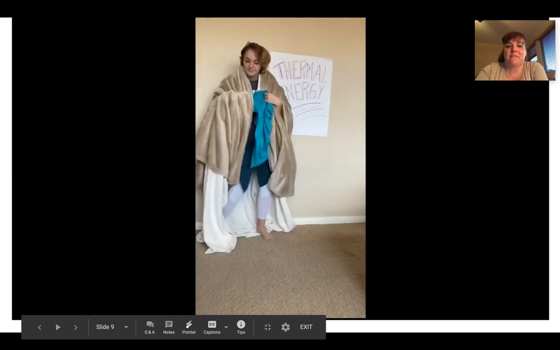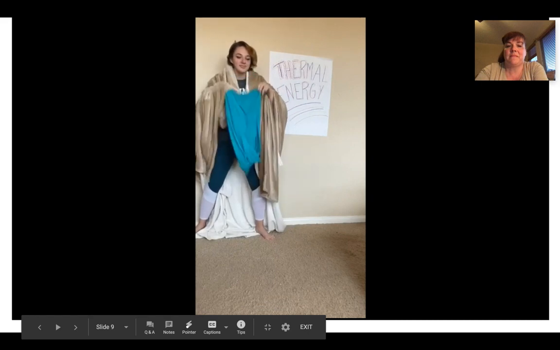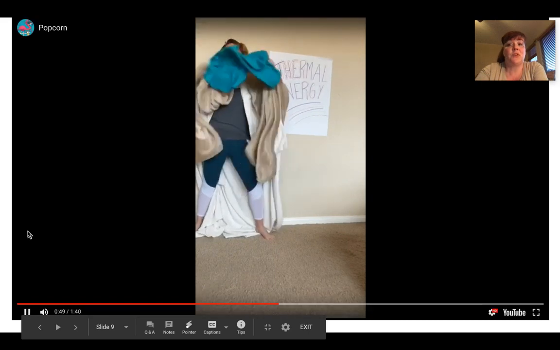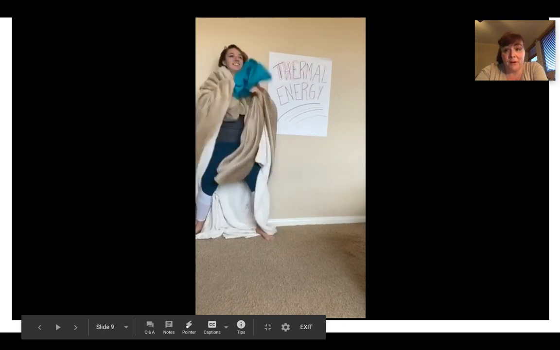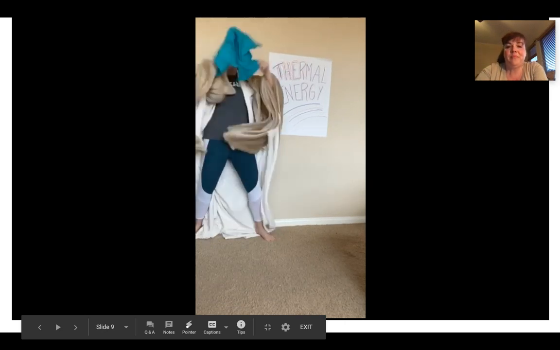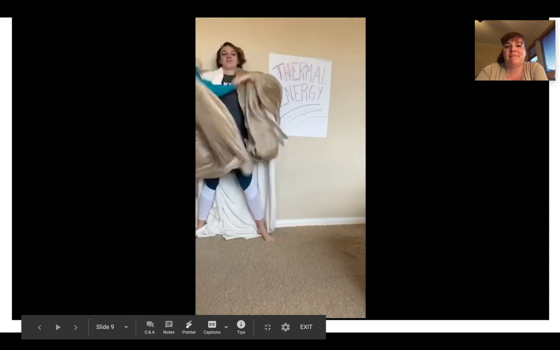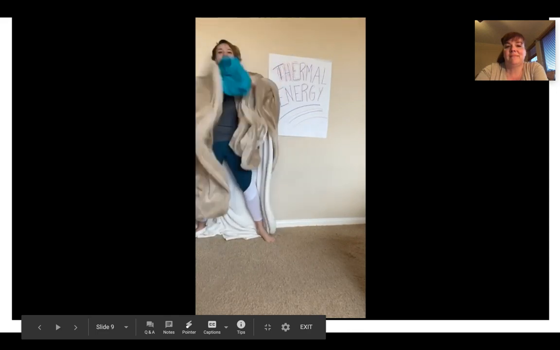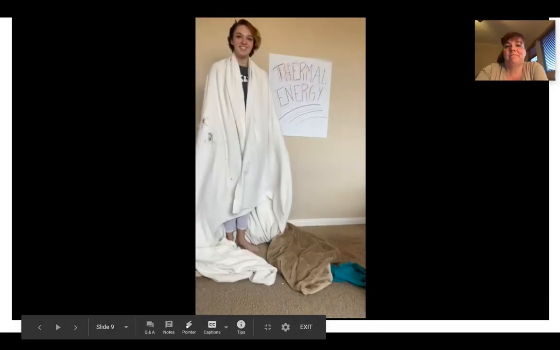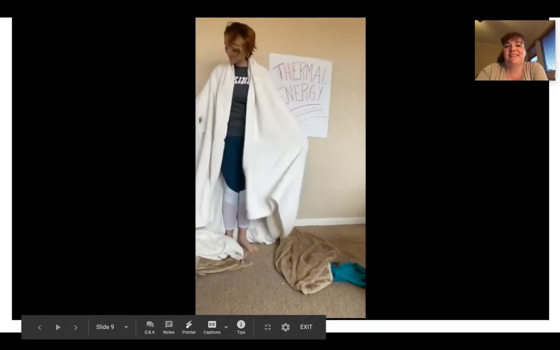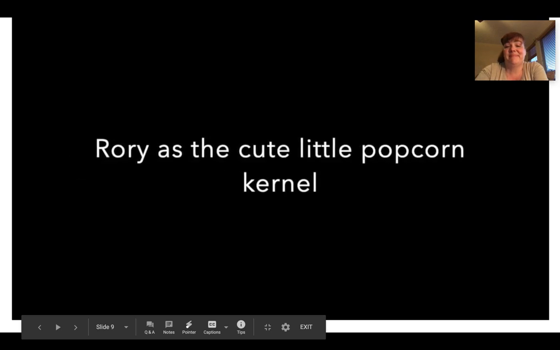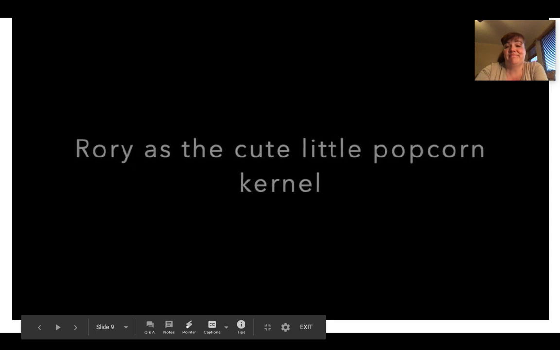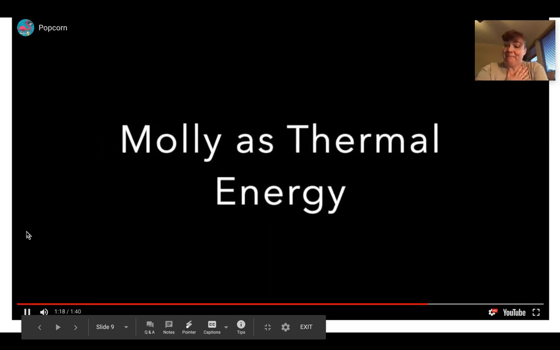Even though there are the same number of water molecules, they are spreading farther and farther apart. So it's not more molecules inside our little kernel. They're just spreading farther apart. This continues until the molecules move so fast and hit the outside of the kernel so much that it pops. So proud.